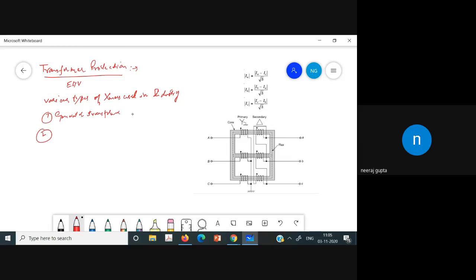Second, we will have the power transformer, which is used for the transmission system. Then we have the distribution transformer, which is used for the distribution system. Then we will have the pole mounted lightning transformer, which is used for lightning purposes.